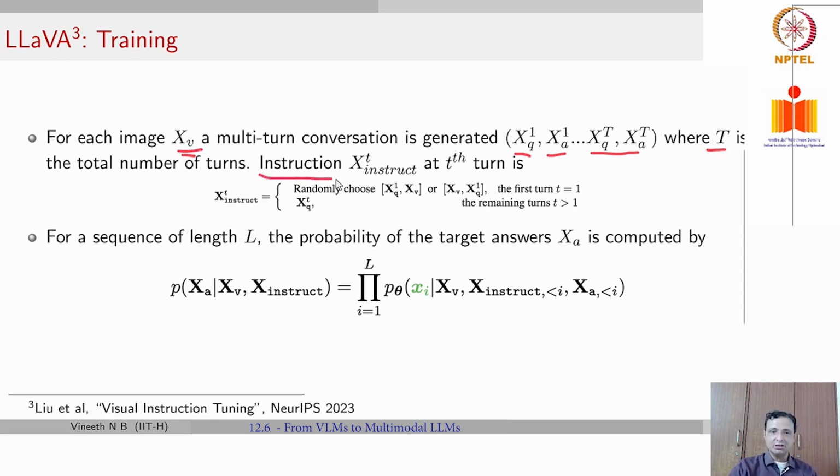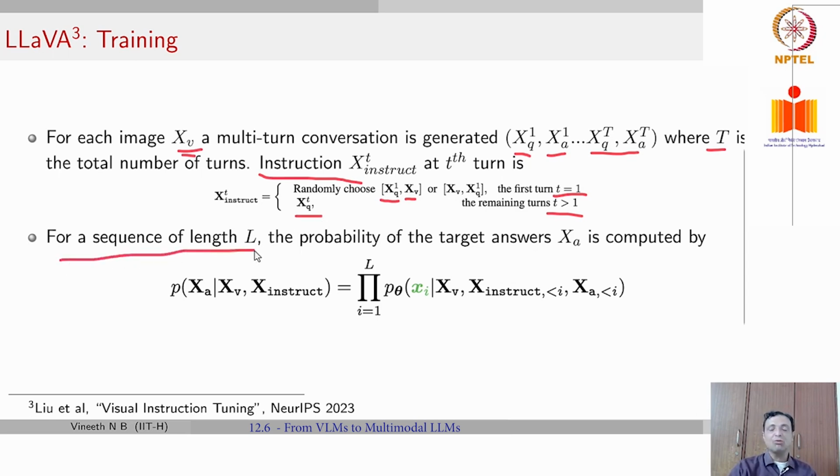So the instruction X instruct at the t-th turn is given by, in their case, if the turn was the first turn, they randomly choose either XQ1, XV, that's the question and the image, or the image and the question, in whichever sequence. Whereas for any other turn greater than 1, they provide the corresponding question at that turn as the instruction at that time step.